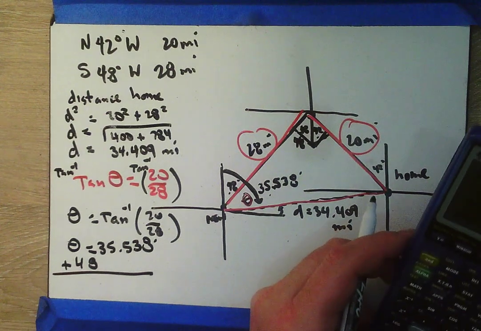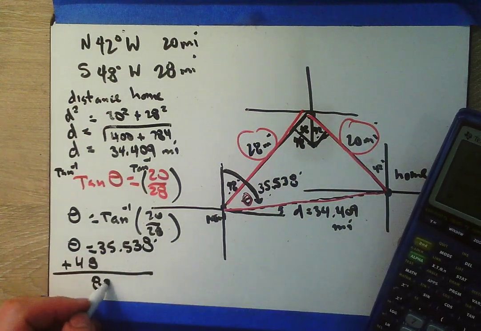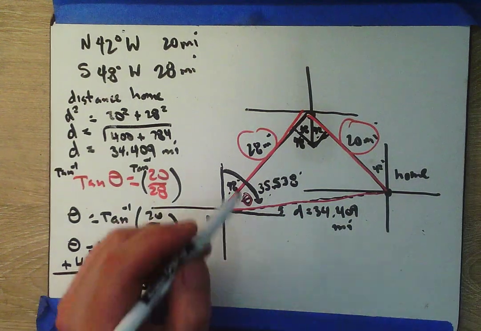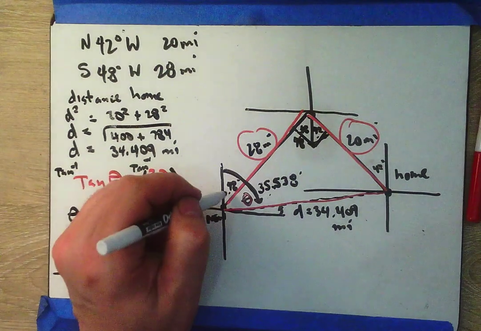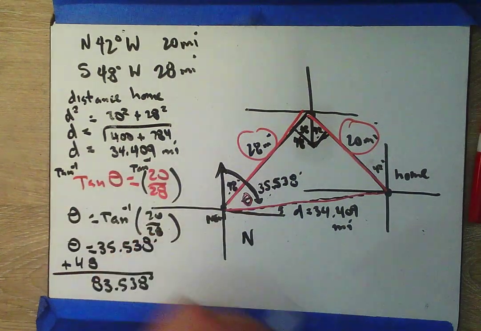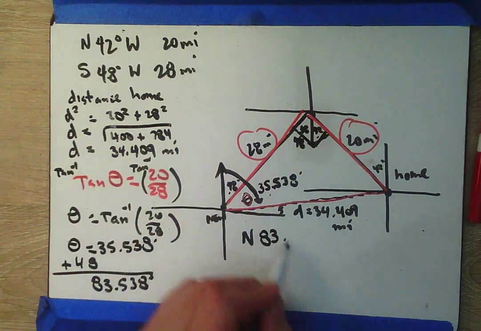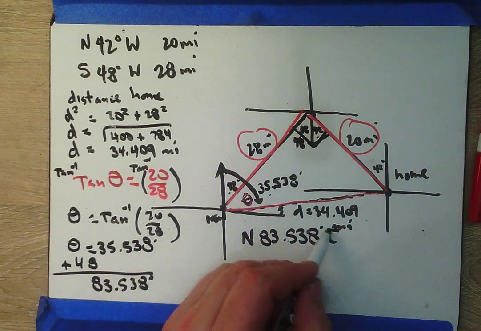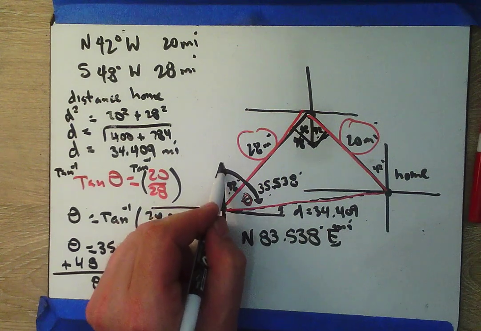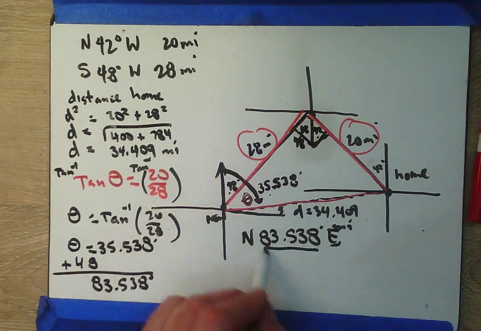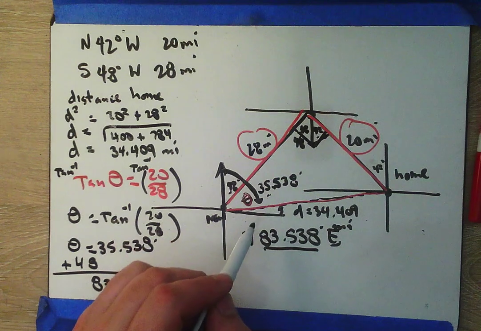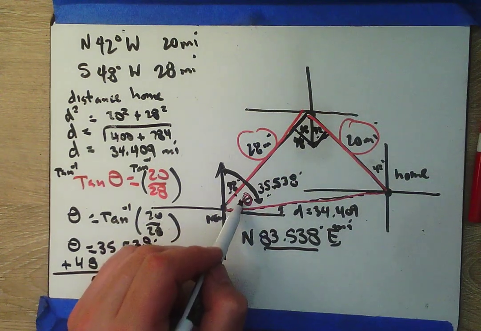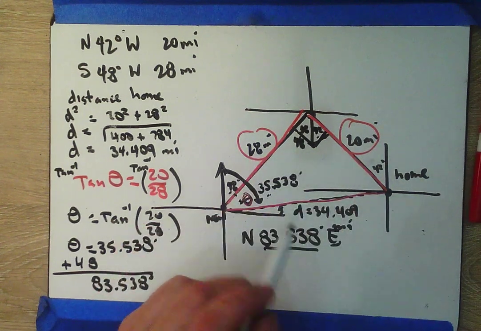So if I add 48, I end up with 83.538 degrees. So I can either head north 83.538 degrees east, because then I'm going to head north but veer east this many degrees. That's 48 plus the 35.538, because theta was 35.538 because of inverse tan.